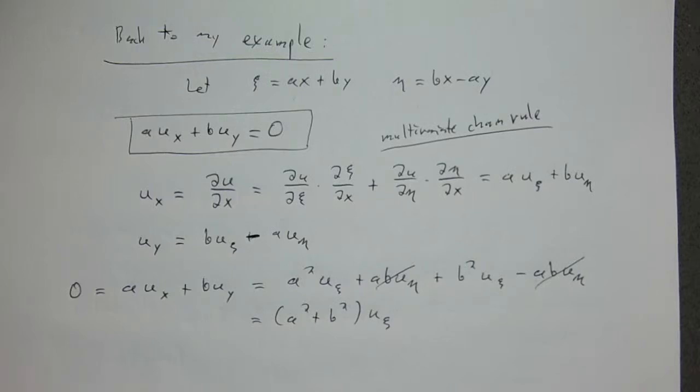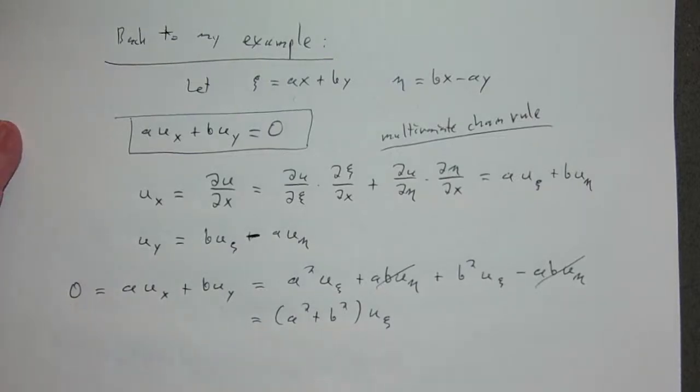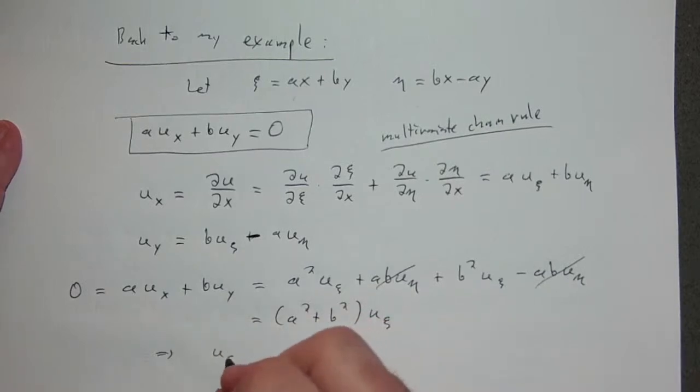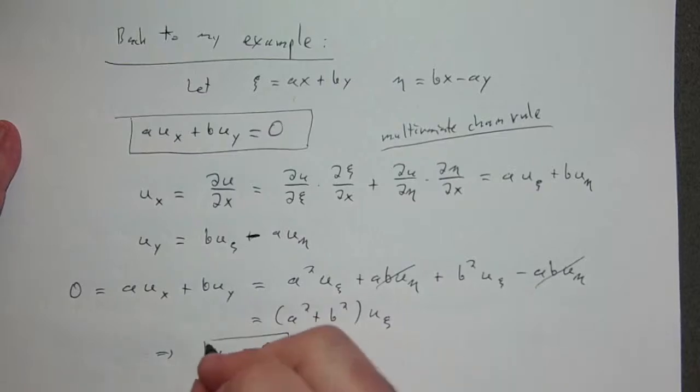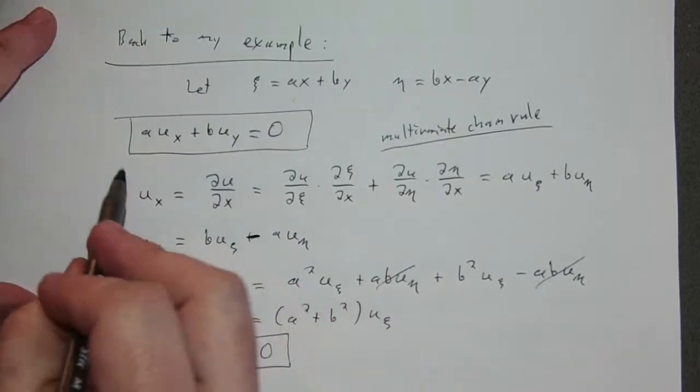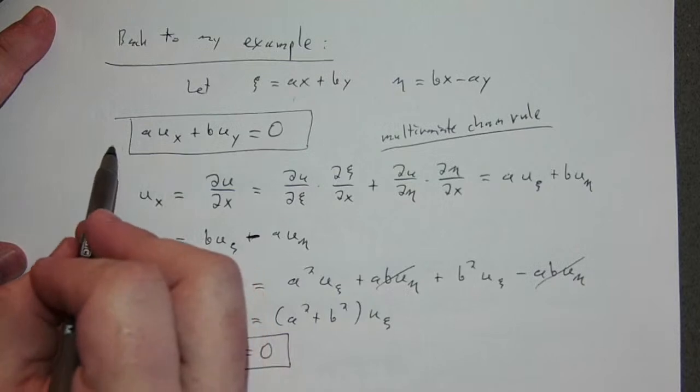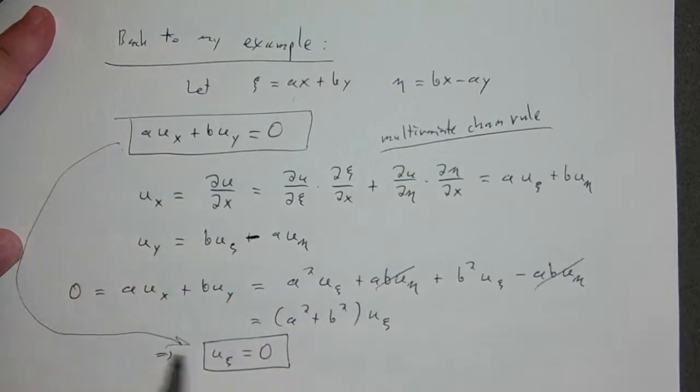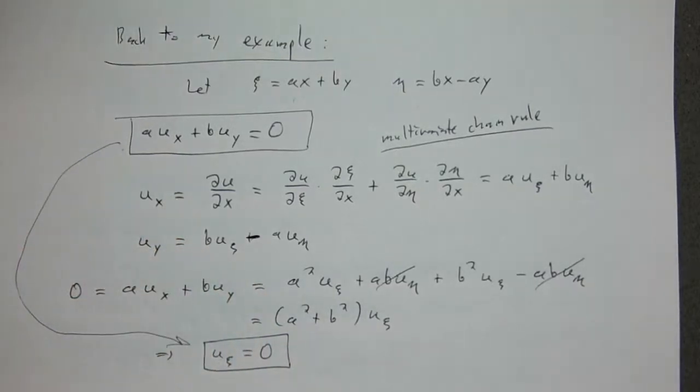Okay. And so I have 0 is equal to some real number times u sub ξ, which means that I can just divide by it, it's not a big deal. u sub ξ is equal to 0. And so this PDE in x and y reduces to the PDE that is just u sub ξ is equal to 0.